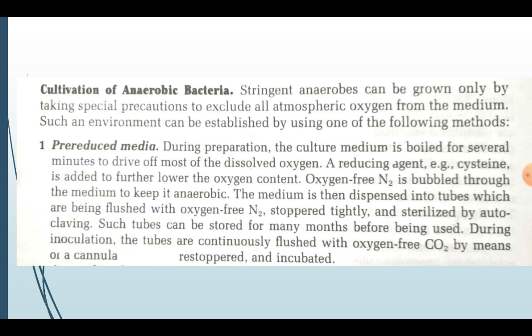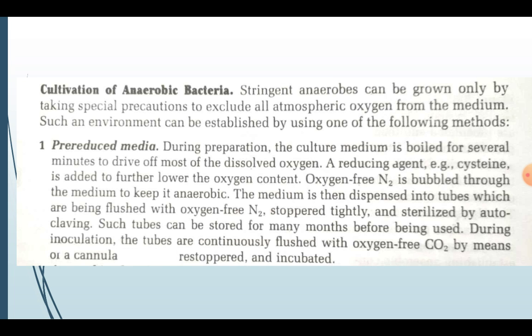Cultivation of anaerobic bacteria. Stringent anaerobes can be grown only by taking special precautions to exclude all atmospheric oxygen from the bacteria. Such an environment can be established by using one of the following methods: pre-reduced media. During preparation, the culture medium is boiled for several minutes to drive off most of the dissolved oxygen.